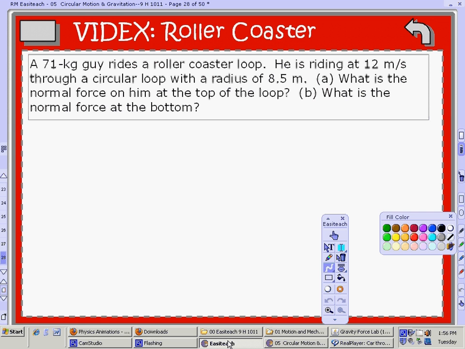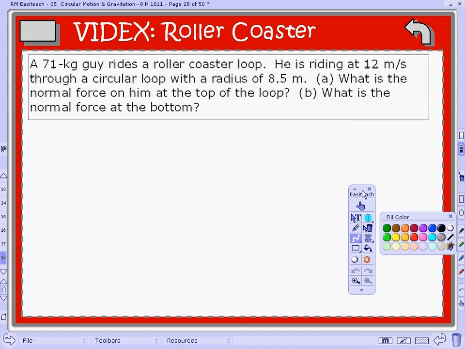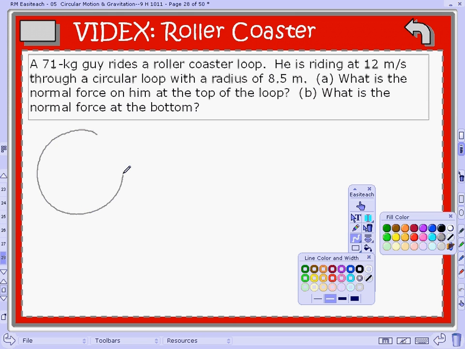So I'm going to draw my forces at the top and at the bottom. I'm just going to draw a circle, and I'm going to do both on this one circle. So at the top you have weight down and you have a normal force down. I'm going to label this force W for force weight.